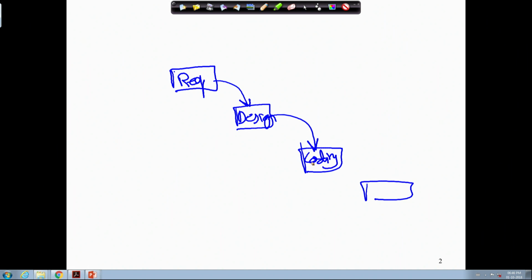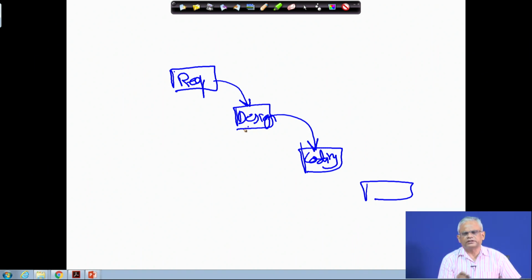And it is necessary to verify whether the design that is completed at this phase is as per the requirements, and similarly whether the coding is as per the design, and so on.